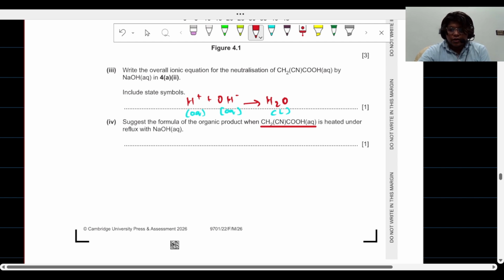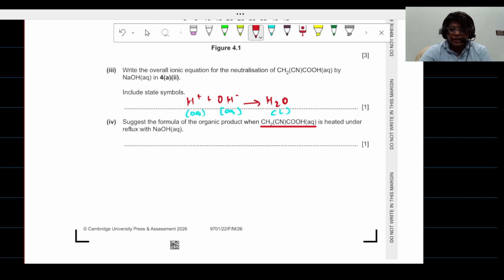This is basically oxidation, right? CN, we will get, so if you oxidize it, because reflux means we are oxidizing it, or hydrolyze it in any way, we will get CH2 CO2H and CO2H. So we have two OH here, but because it is a basic medium, this would be neutralized, right?